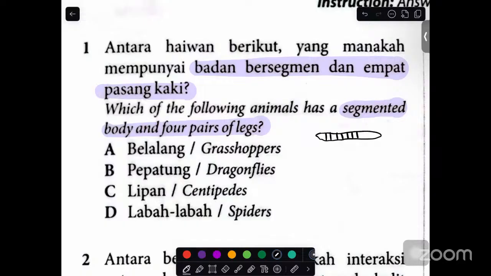This is what we call segmented body. Body bersegmen. Dan 4 pasang kaki. Yang mana satu? A, B, C, D.